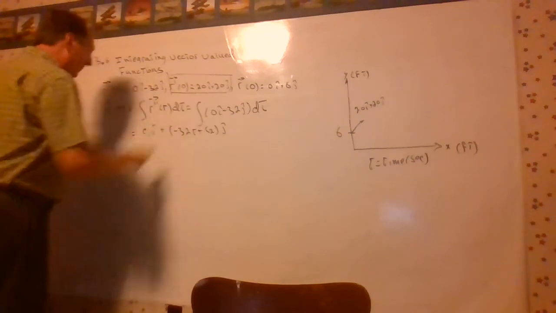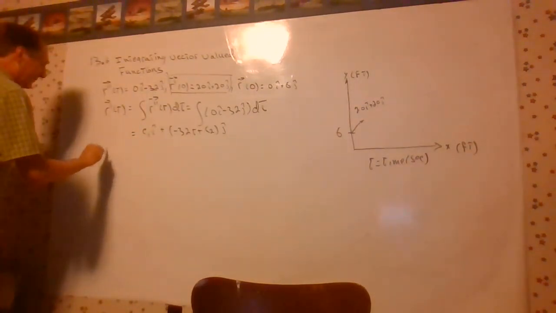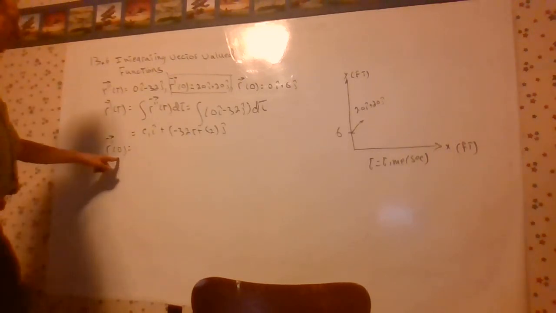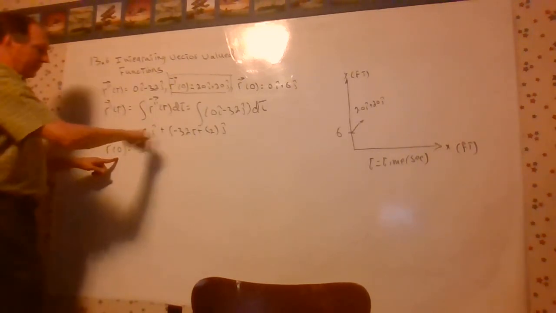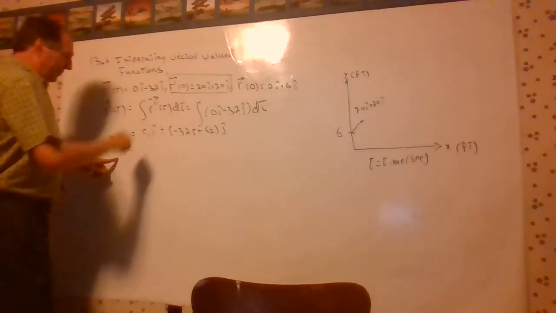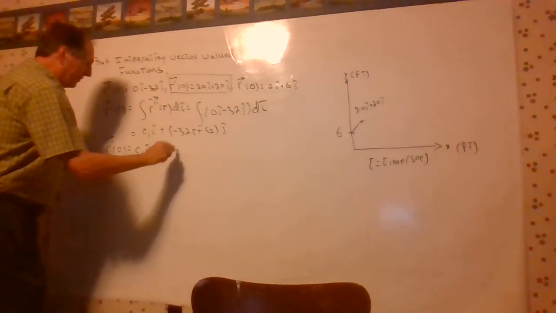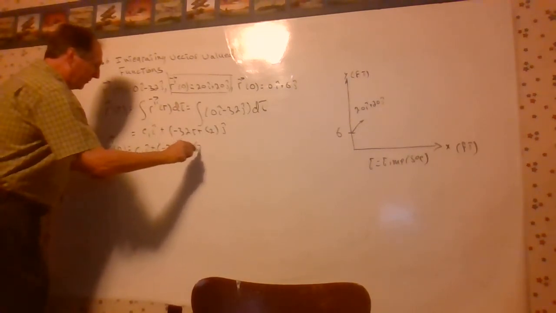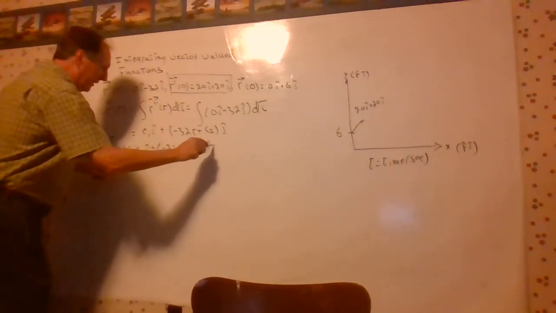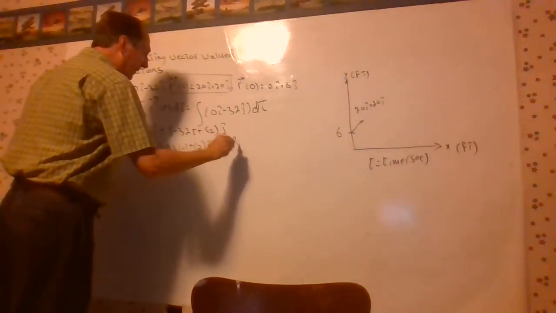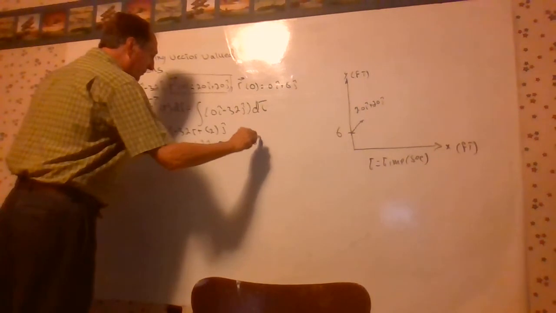So now here's how we're going to find C1 and C2. We're going to use r prime of 0, that says t equals 0. Well, we can plug 0 in for t right here. There's no t here, so we just get C1i plus negative 32 times 0 plus C2j. We set it equal to 20i plus 20j.